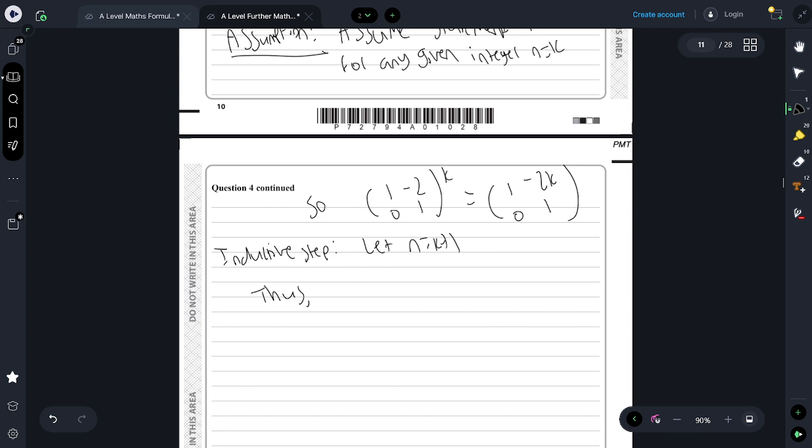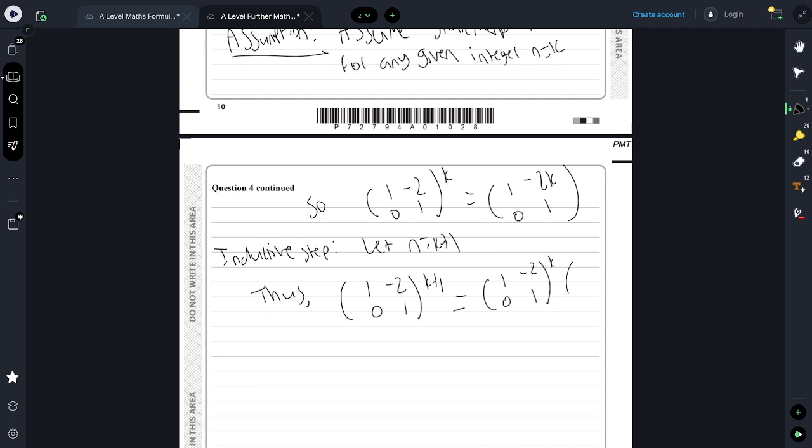Anyway, so 1 minus 2, 0, 1, k plus 1. Again, like with a normal number, you can split up the matrix as follows. 1 minus 2, 0, 1 of k, 1 minus 2, 0, 1. But we know what this is.